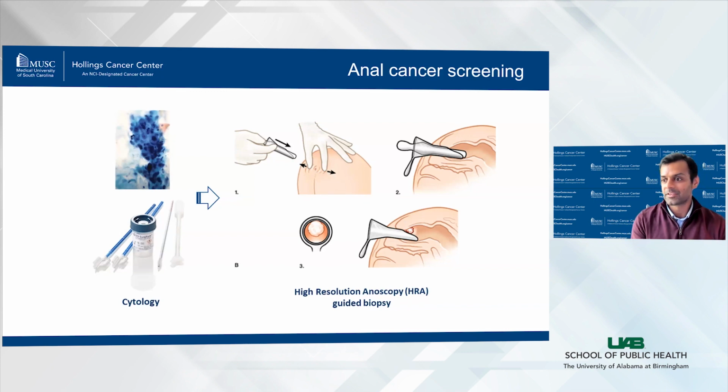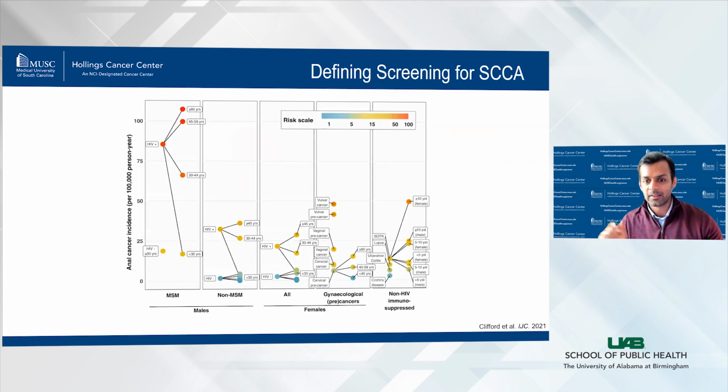We use a cytology-based approach where individuals with cytologic abnormality or high-risk HPV receive a diagnostic high-resolution anoscopy test. The objective of HRA, high-resolution anoscopy, is to detect precancerous lesion. And if individuals have precancerous lesion, they receive treatment with the objective that treatment will prevent progression to invasive cancer.